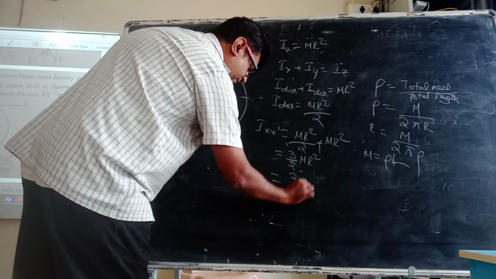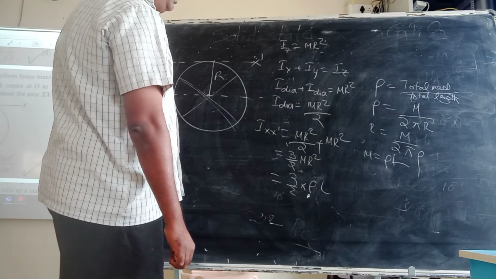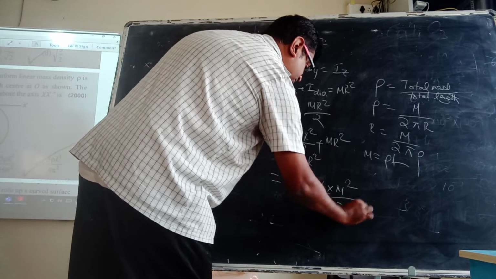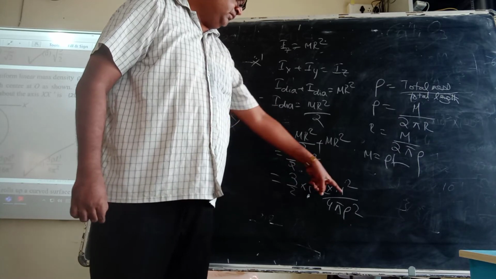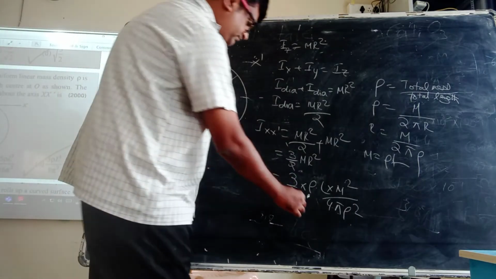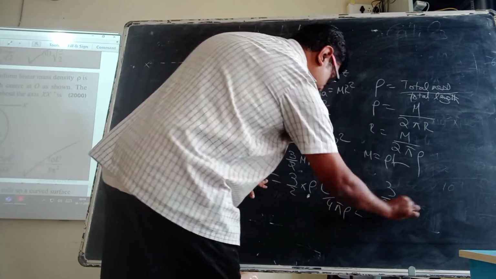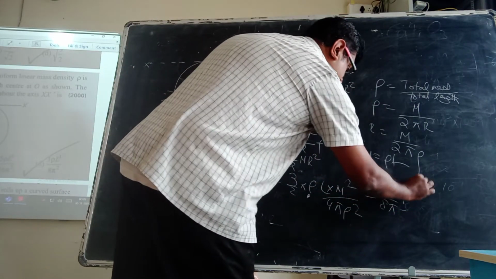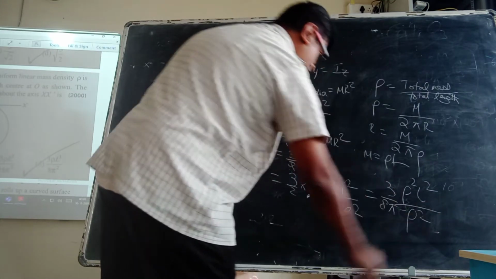See, so 3 by 2 into rho into L, and what is R square? R square is m square by 4 pi square rho square. Again you are getting m. So put the value of m square as rho square L square. Let us see what we get. Just put it and see. So this is 3 by 8 pi. M is rho L. So you are getting rho square L square divided by rho square.